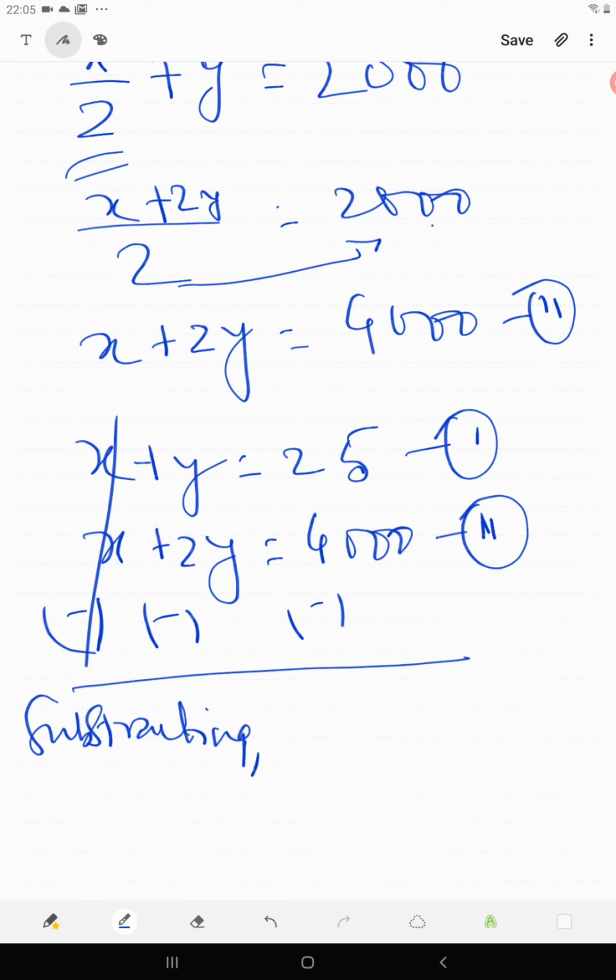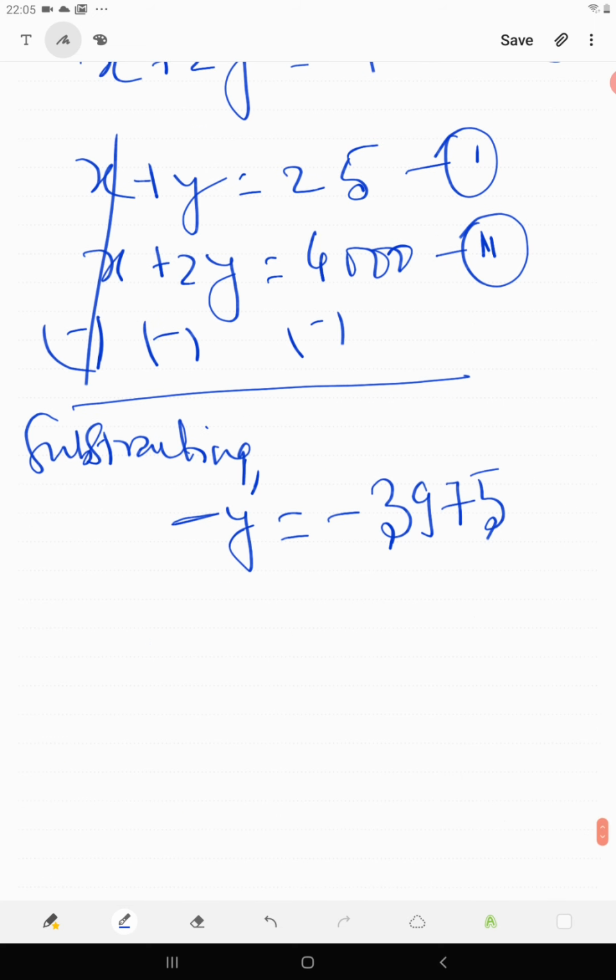So 2y is bigger, so the sign will be minus: y equals 25 minus 4000, which will be minus, because 4000 is bigger, 4000 minus 25 is 3975. Okay, minus minus cancel, we are getting y equals 3975.